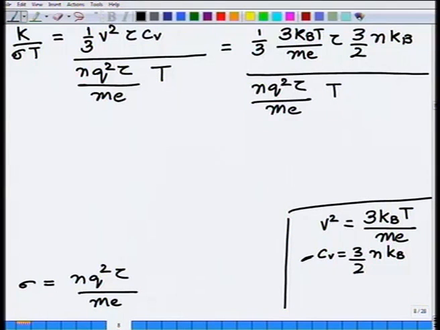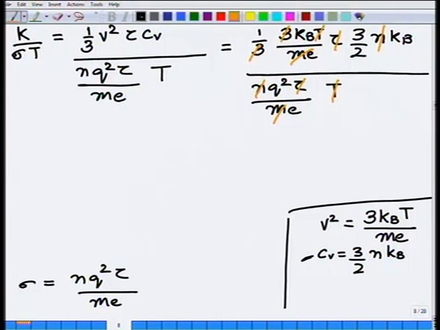Now, notice this tau and tau cancel, this T and this T cancel, this m_e and m_e cancel, and this n and this n cancel. And let us allow this 3 to cancel with this 3. So, what are we left with?